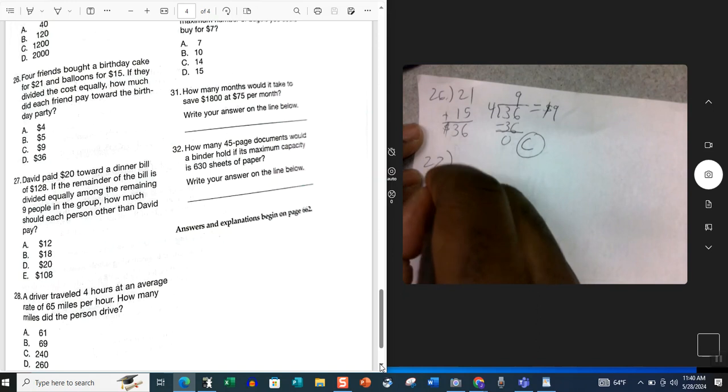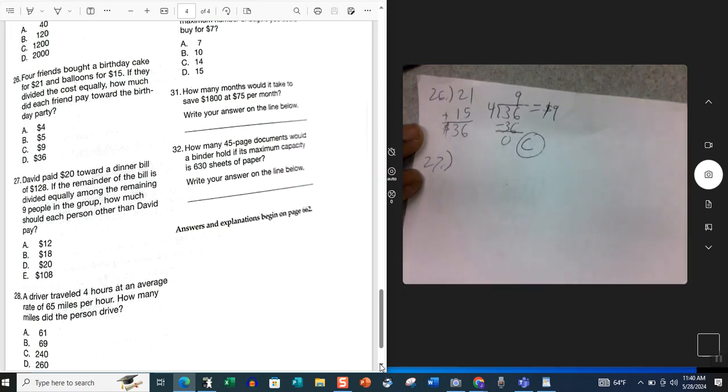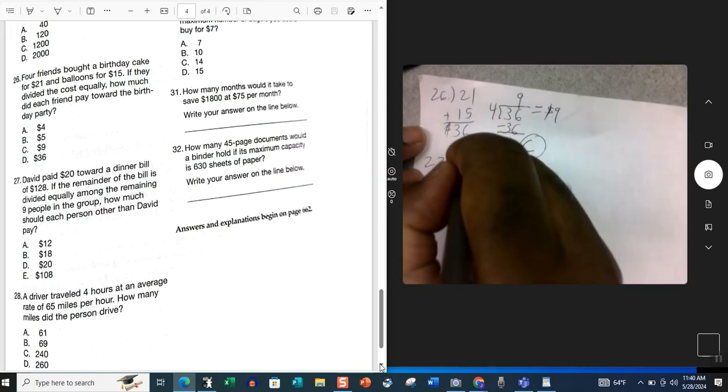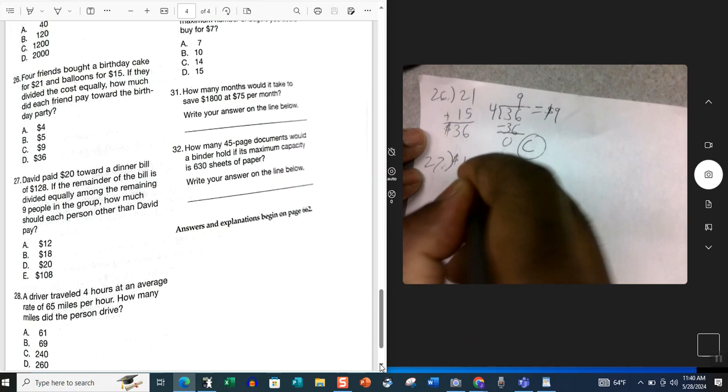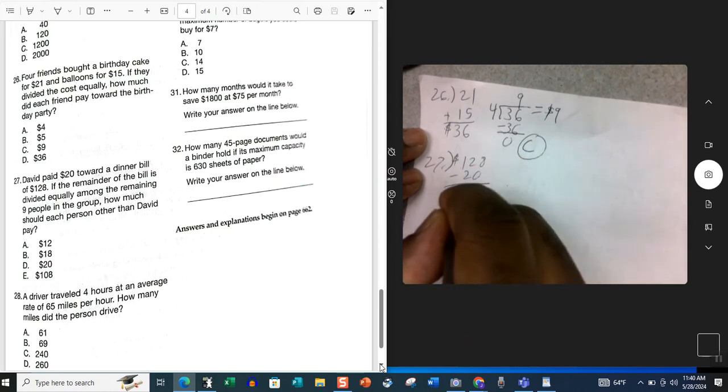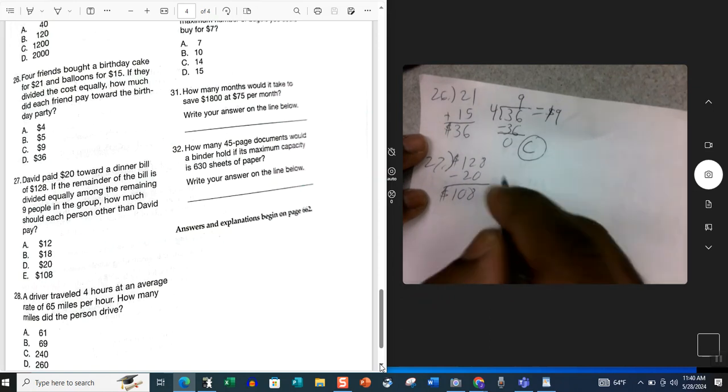Okay, 27. David paid $20 towards a dinner bill of $128. If the remainder of the bill is divided equally among the remaining 9 people in the group, how much should each person pay other than David? So we'll take the $128, subtract off David's $20. That'll leave $108. It's 9 people left.